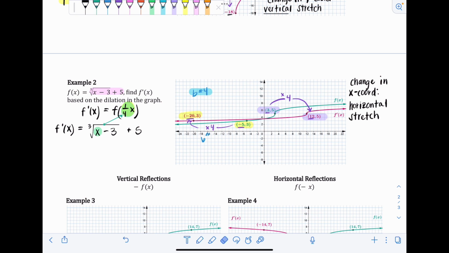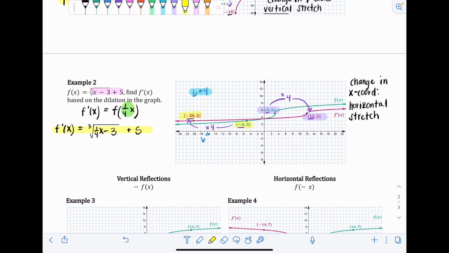So I'm just going to erase that x and put a 1/4 x in there. So f prime of x is equal to the cubed root of 1/4 x minus 3 plus 5, and there's nothing to simplify there because I don't have anything to multiply in. That change got made just to the input, just to the x, so it's fully simplified.